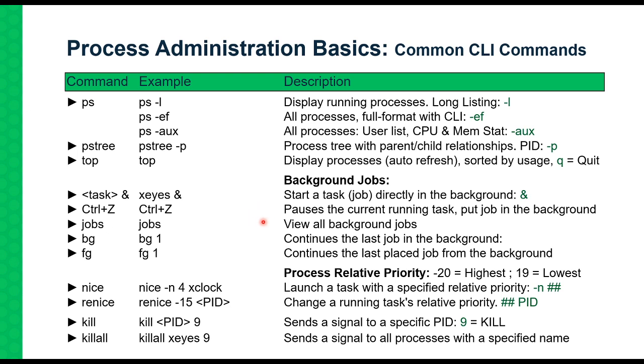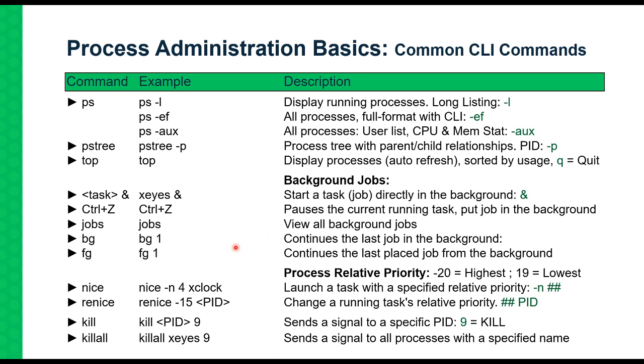Then we can view all running background jobs by using the jobs command. Should we wish to continue running a background job in the background, then we use the bg command. You can choose any background job to run in the background by just choosing the job number. If you only type bg, it will continue to run the very last job that was paused.